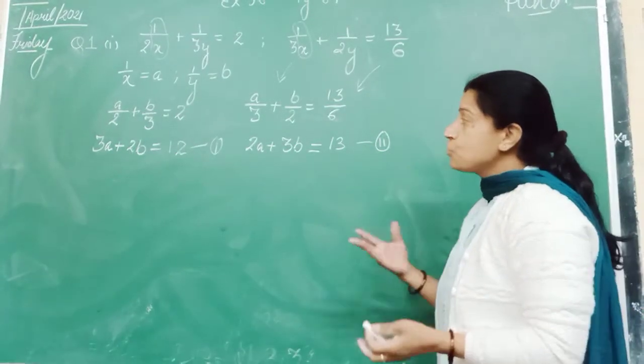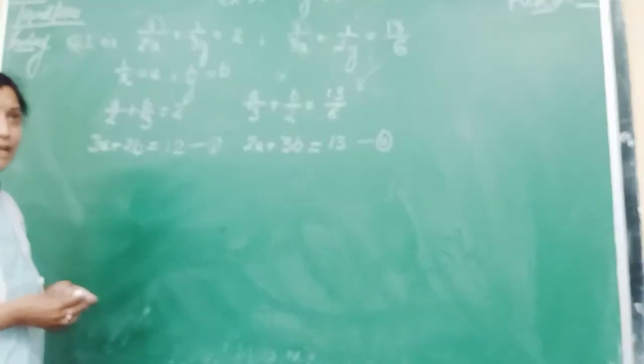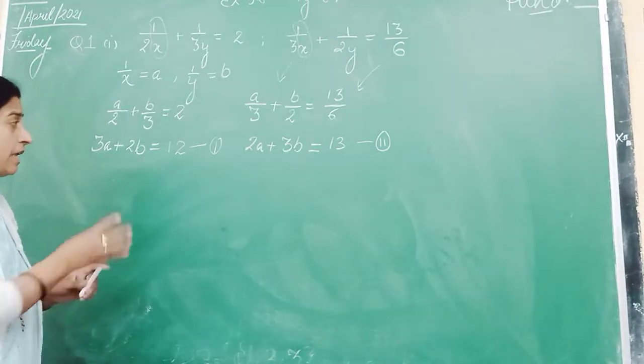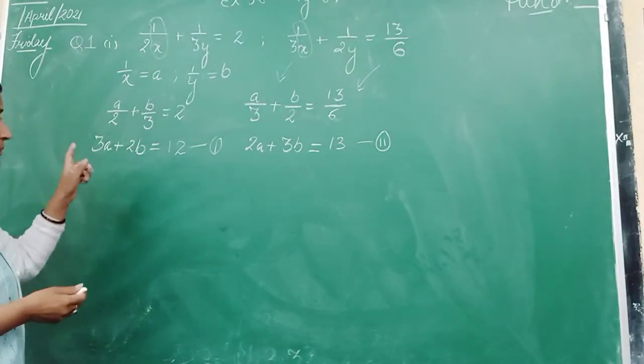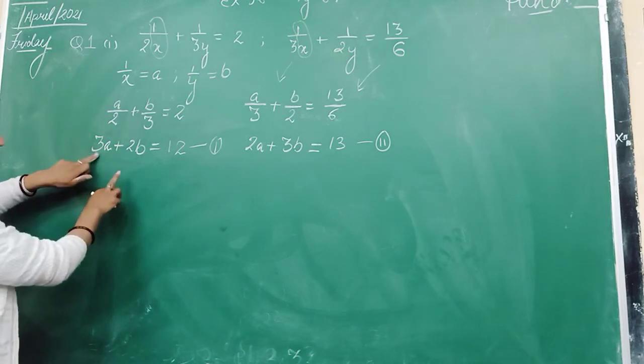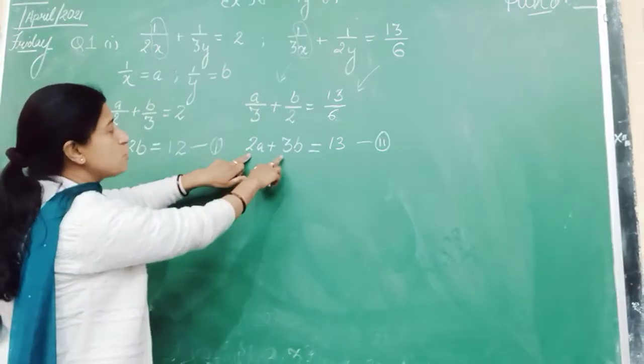Okay. Now to solve it further, you can solve this by any of the methods that we have studied: substitution, elimination, any one. And there is a new trick now that I am going to teach you for this particular question, because we happen to get the coefficients as see, you have 3 and 2 here and they are flipping here as 2 and 3.